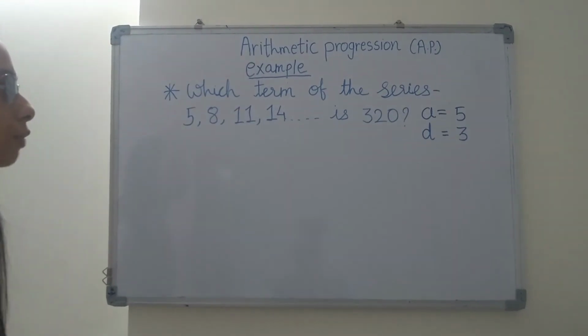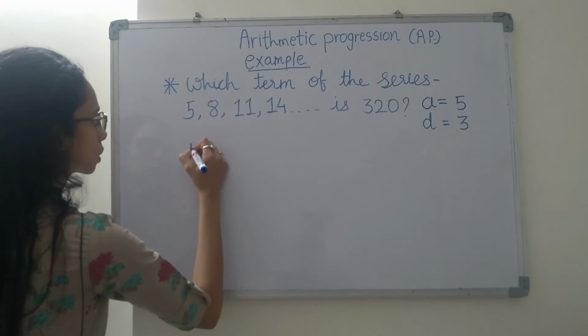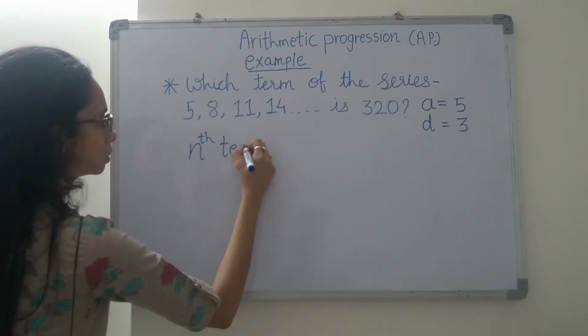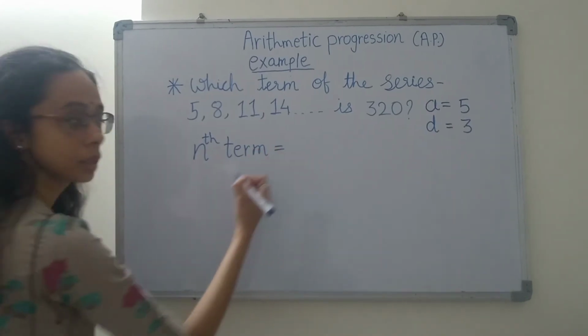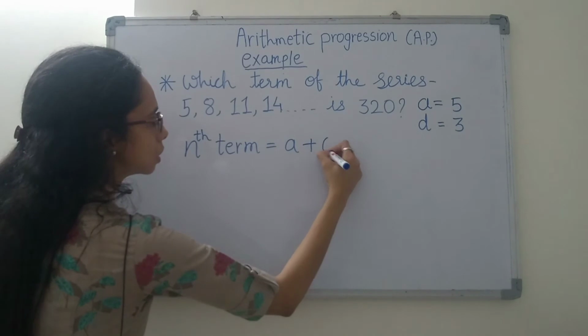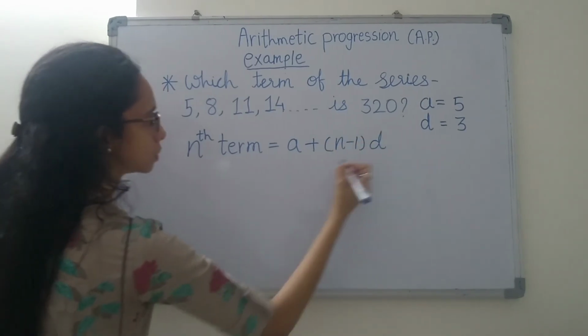Okay, so let's find out by applying the formula. nth term is equal to a plus (n minus 1) into d.